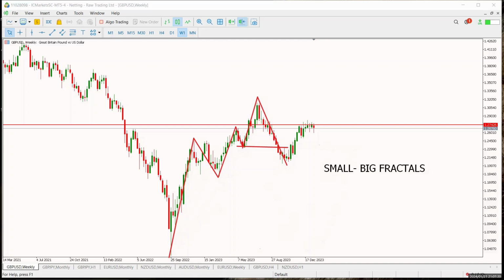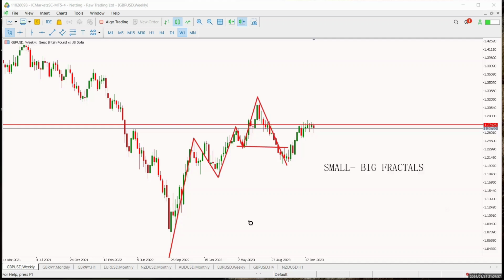Small to big fractals can be merged, while big to small fractals have to be separated. This means that if price goes from a big to a small fractal and there's a break of the small fractal, the break of the small fractal does not affect the big fractal.